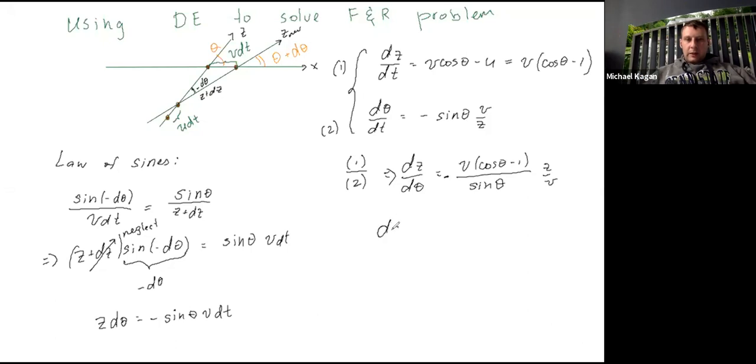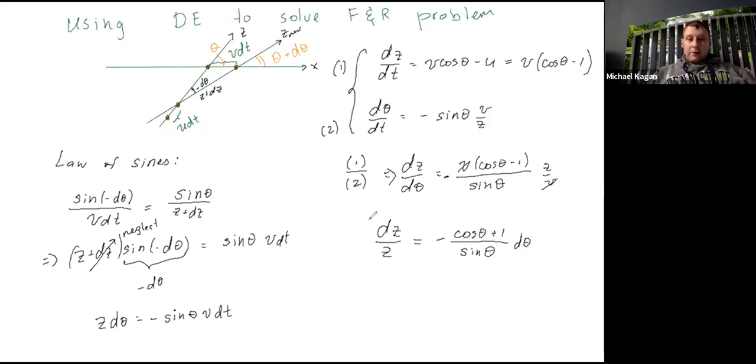Then you will get dz over z equals, oh, v cancels, doesn't it? Yeah, v cancels. So you get negative cos theta plus 1 over sine theta d theta. Okay?